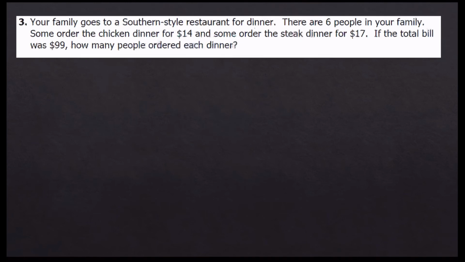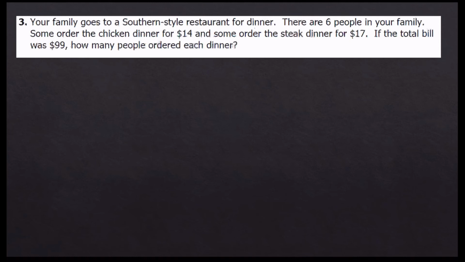All right, so now that we're hopefully getting a rhythm here, let's go look at our next one. Your family goes to a Southern-style restaurant for dinner. There are 6 people in your family. Some order the chicken dinner for $14, and some order the steak dinner for $17. If the total bill was $99, how many people ordered each dinner?